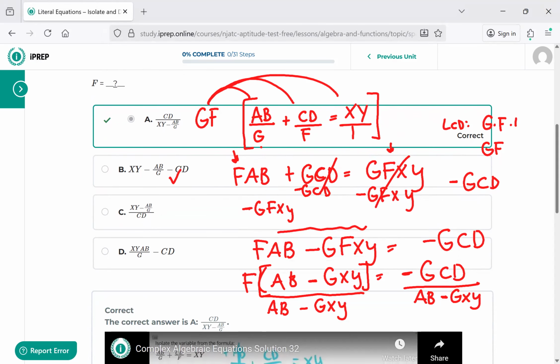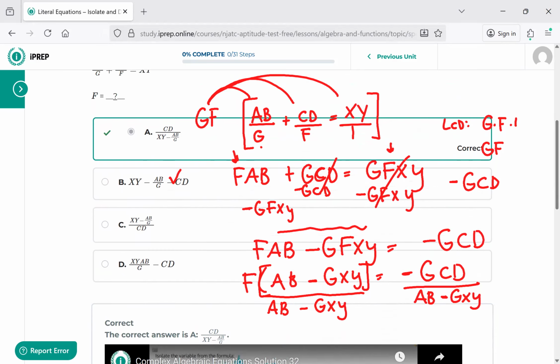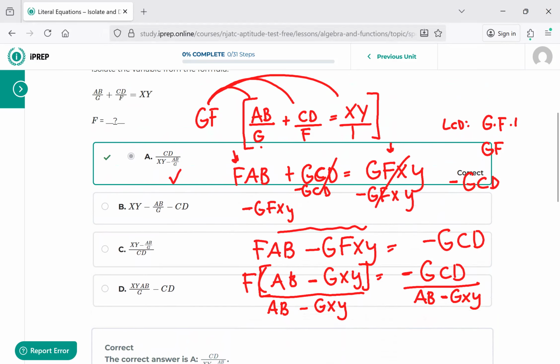Correct. Oh my God. Okay. So I think what they did was they divided each term by AB minus GXY. So really what you're doing is dividing each term by this. So if you do it here, it's like saying GCD over GXY.